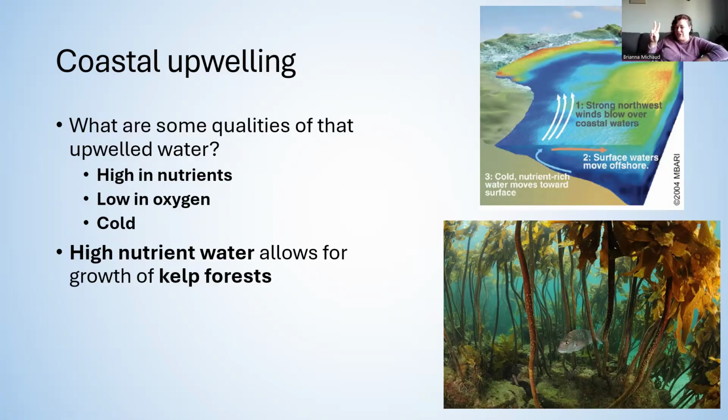Because it's from the deep sea, and deep sea is cold, but also it is high in nutrients. And that's one of the main reasons we have kelp forests here in California, because kelp loves cold, high nutrient water. You need a lot of nutrients to grow algae as big as kelp. So this high nutrient water is what allows us to have these gorgeous kelp forests here in California. So that's one of the reasons our upwelling is so important.